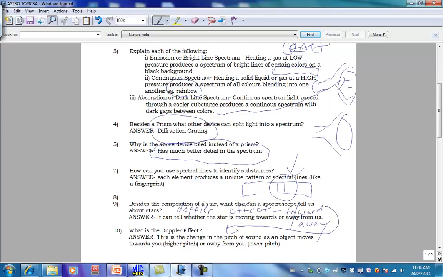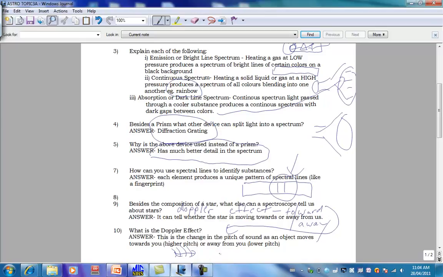Question 10, what is the Doppler effect? This is a phenomenon where there's a change in the pitch of sound or light as the object moves towards us. The radiation waves are closer together or higher in frequency as it moves towards us.